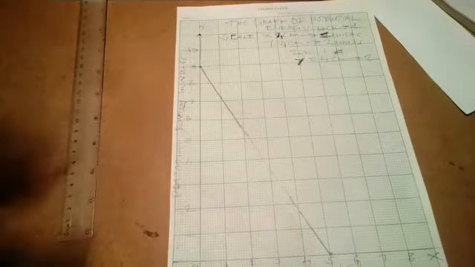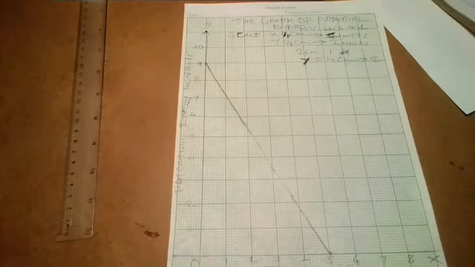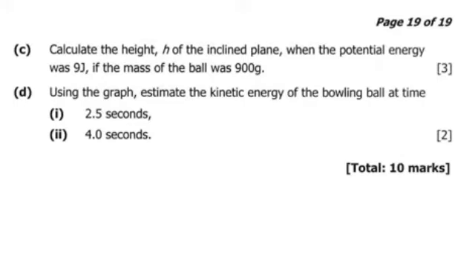Since this is our graph we have drawn, D says, using the graph, estimate the kinetic energy of the bowling ball at time 2.5 seconds. So we are using the graph.